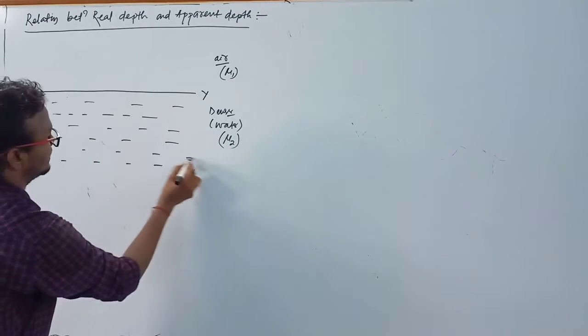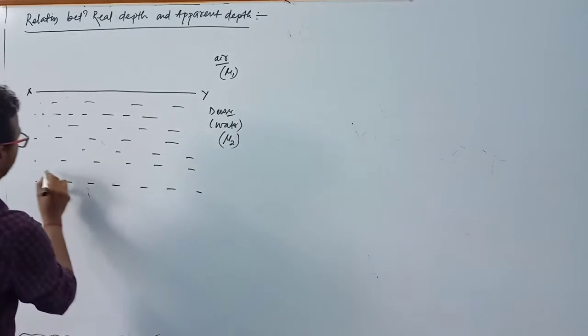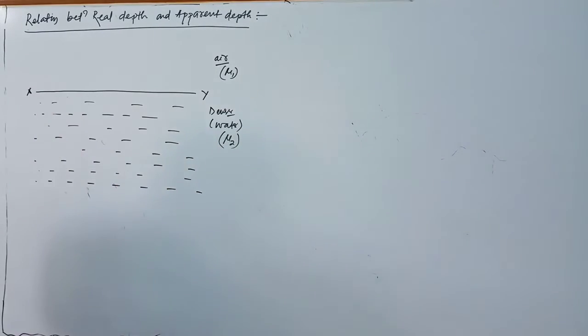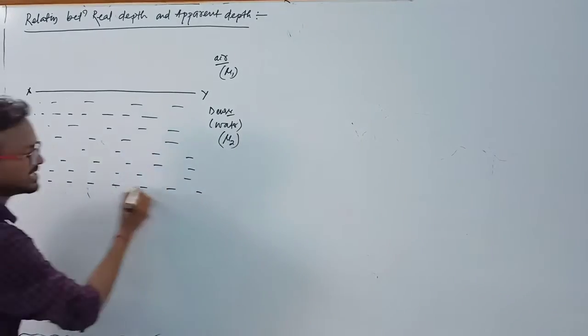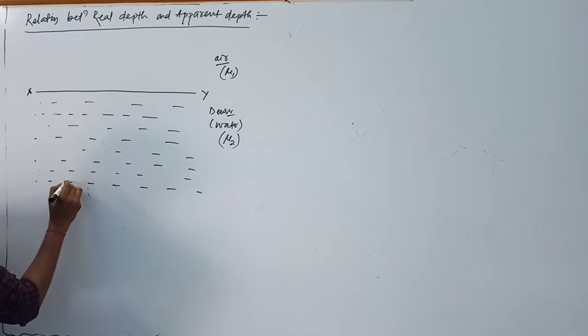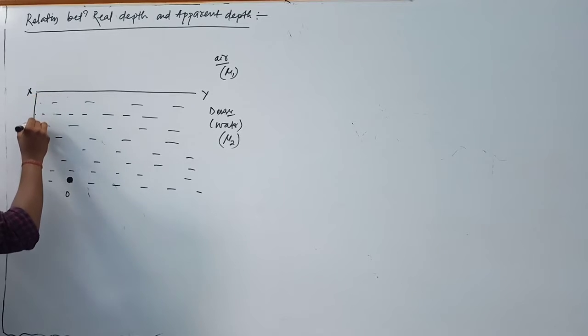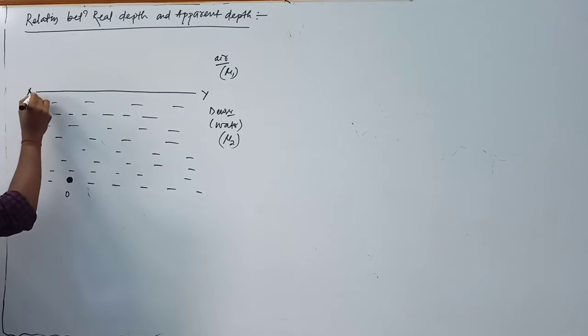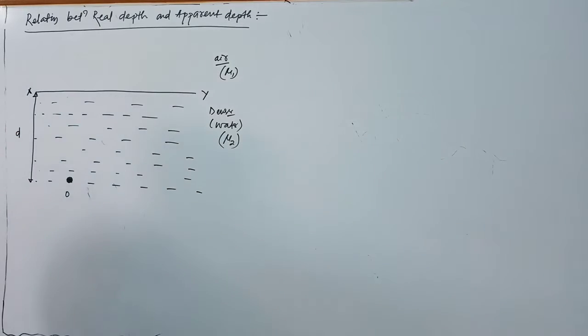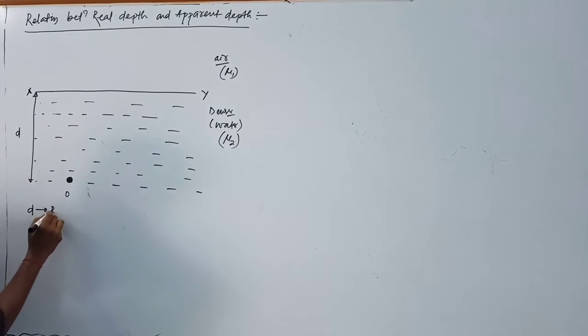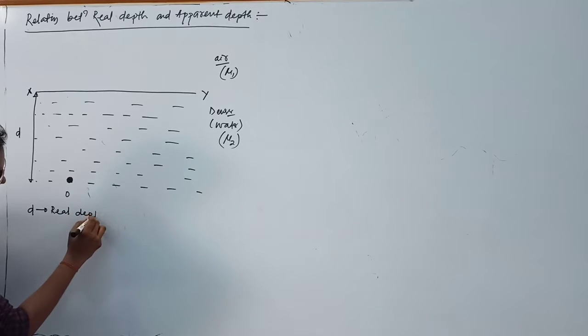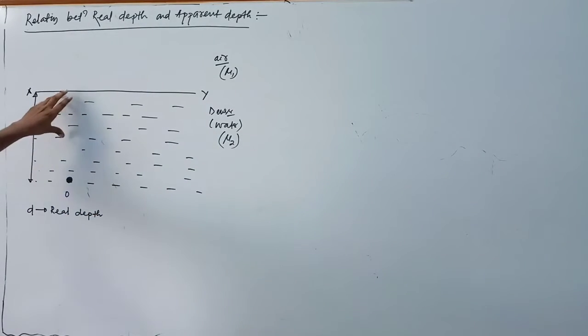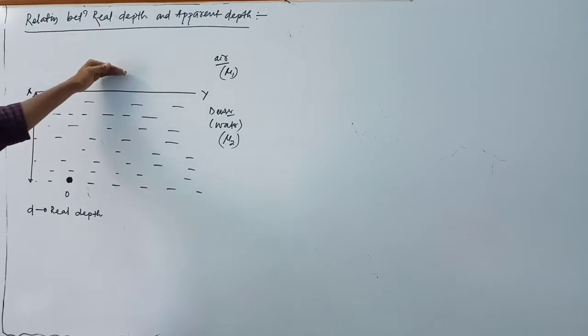Clear? Okay. Suppose this is the bottom surface of the liquid medium, and there is a point object which lies on the bottom surface. This distance from the interface to the object, suppose d, is known as the real depth, or actual distance of the object from the interface which separates the two media.